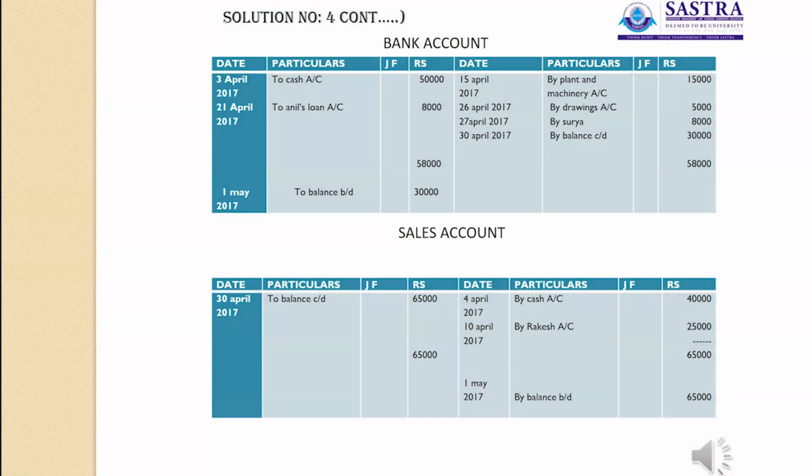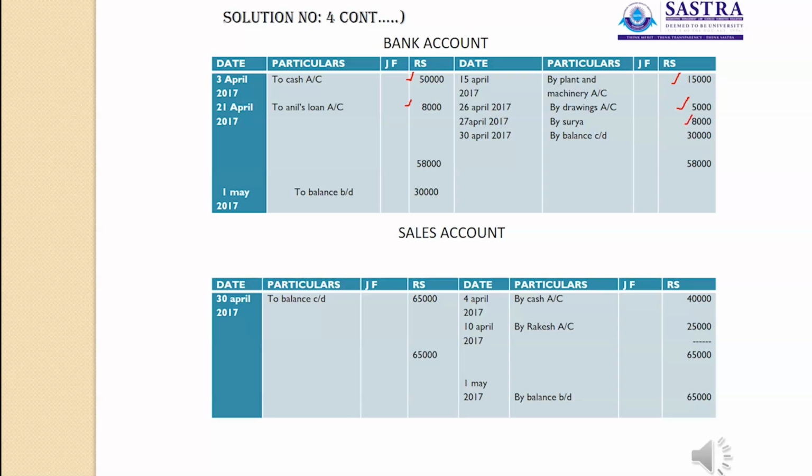Next account is the bank account. We have to prepare the bank account. 3rd April 2017, bank account, to cash account rupees 50,000. Then 15th April, by plant and machinery rupees 15,000. Then 21st April, to Anil's loan account rupees 8,000. Then 26th April 2017, by drawings account rupees 5,000. 27th April, by Surya account rupees 8,000.